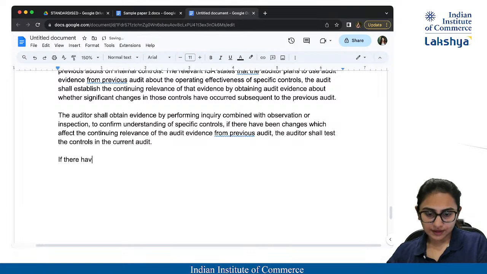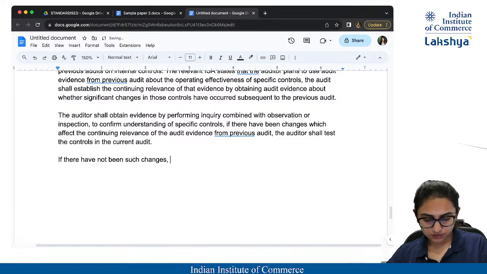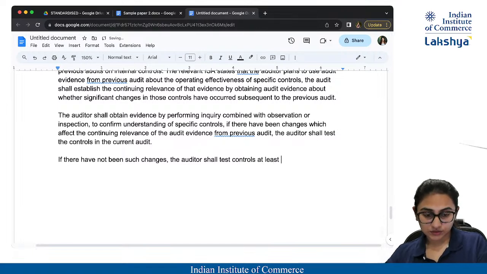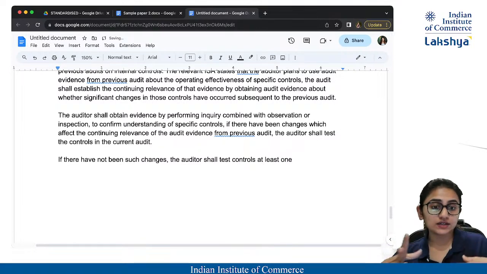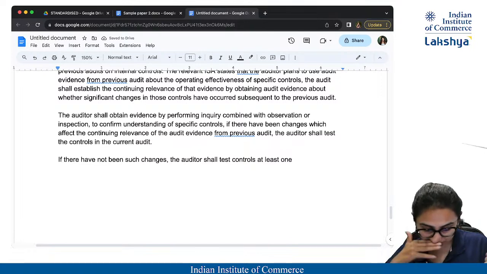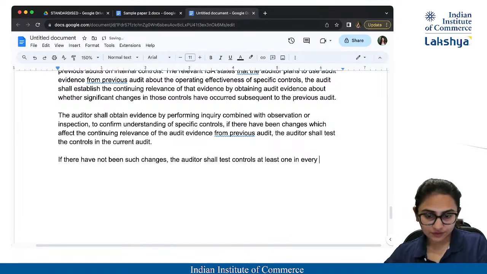If there have not been such changes, then what? The auditor shall test controls at least once. Don't rely blindly, even if they are saying that their controls are proper, but at least once in every third audit.